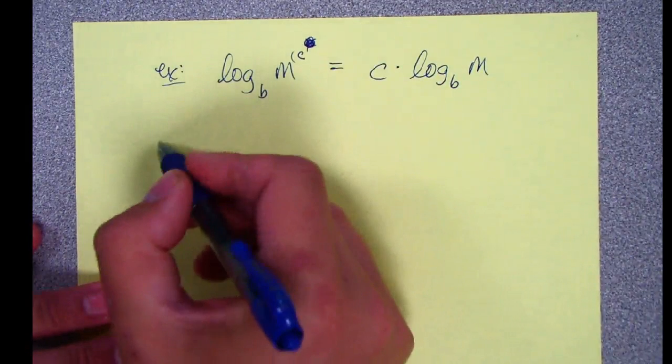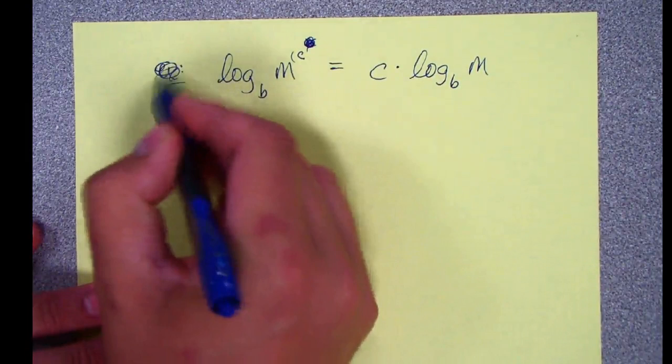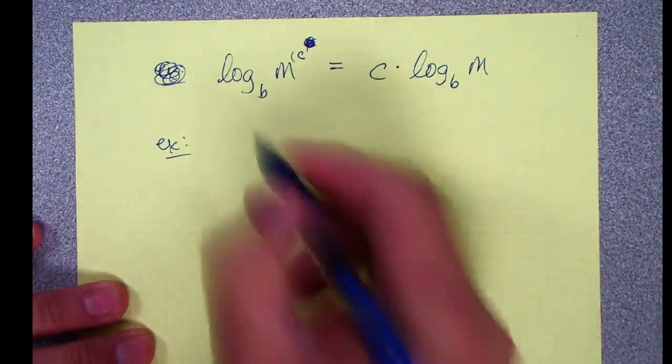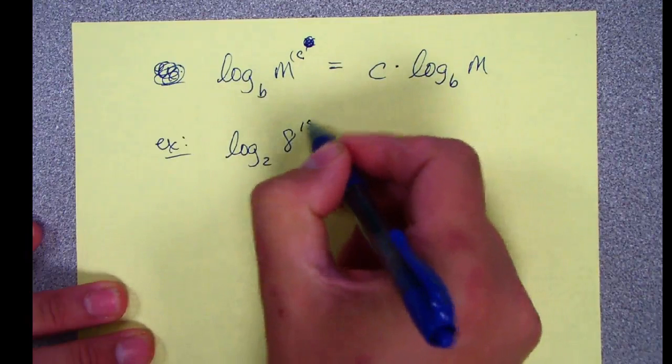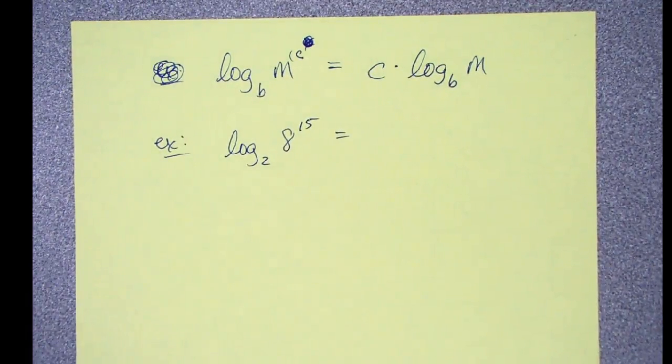Where this is useful is if I had something like log base 2 of 8 to the 15th power. It is possible to figure out what 8 to the 15th power is, and then figure out 2 to what power gives you that. But that's ridiculous, it would just be way too hard and take too long.